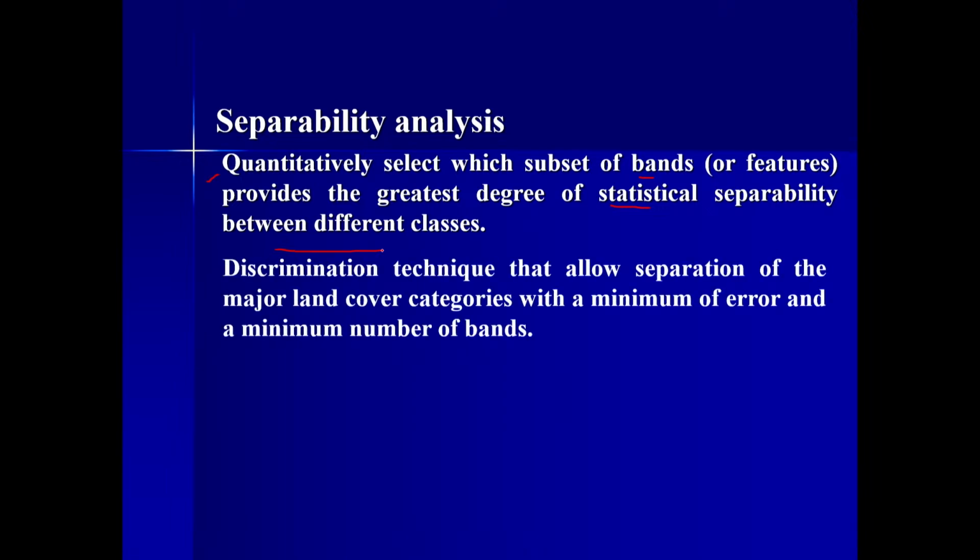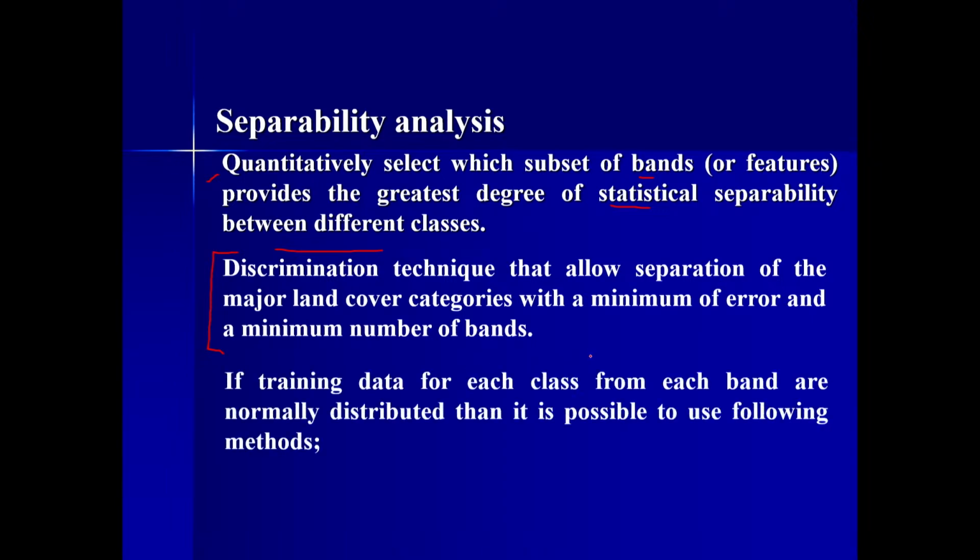Here we have to use the discrimination technique that allows separation of major land cover categories with a minimum number of errors and a minimum number of bands. That means once we are able to find the subset of bands, then we can apply the discrimination technique to extract the classes with a minimum number of errors and a minimum number of bands used in the input image.